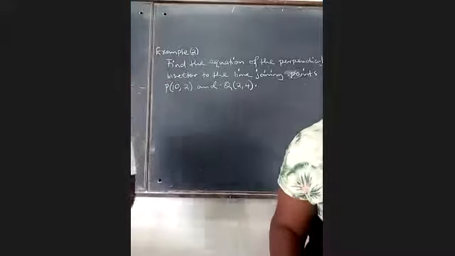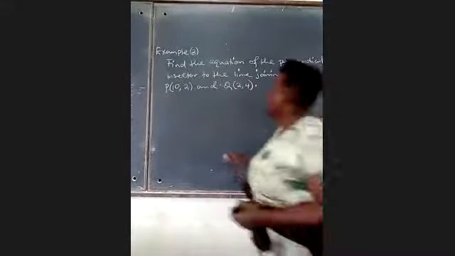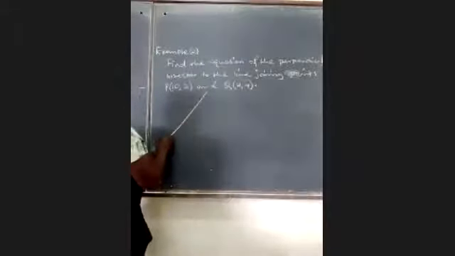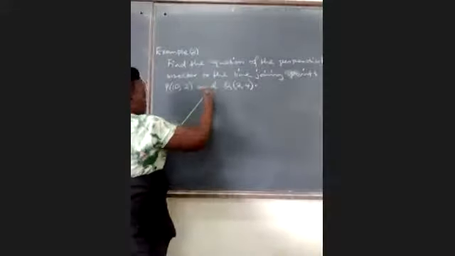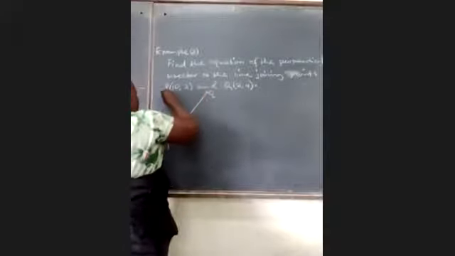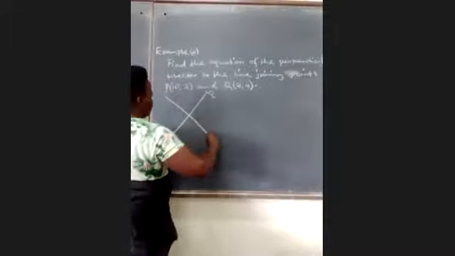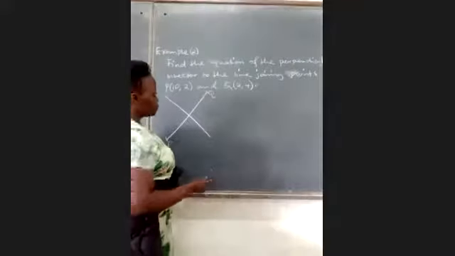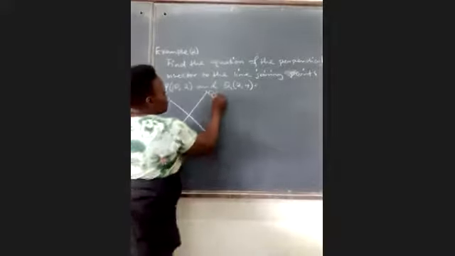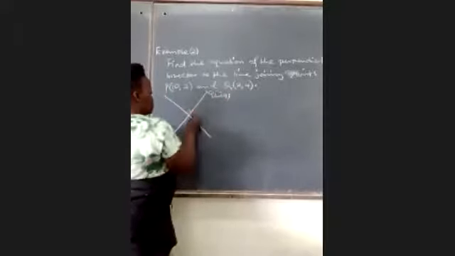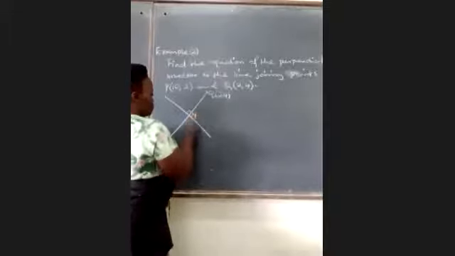So, Ntongo, how do we start? Teacher, we start by finding the midpoint of P and Q. Yes, we have a line PQ. Then we have this perpendicular one. So we are finding the midpoint, which is where the perpendicular bisector cuts that line.